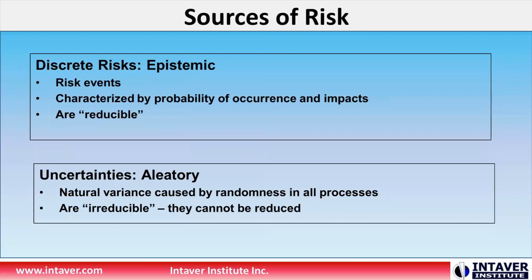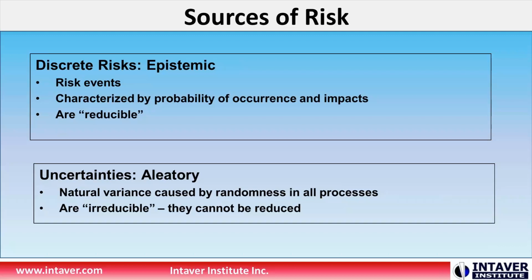When we're looking at what we call project slippage, we want to understand what the sources of risk in our projects are. The two main ones are what we call discrete risks, or epistemic risks.